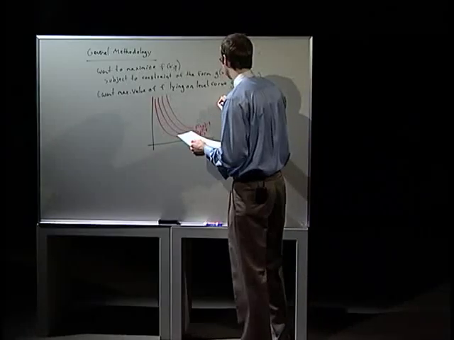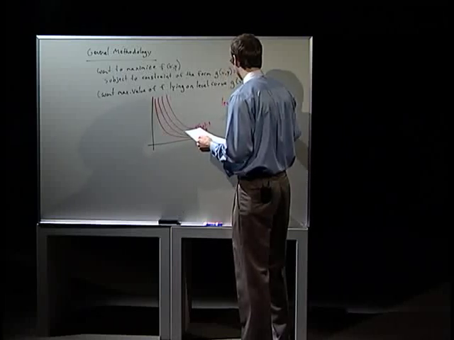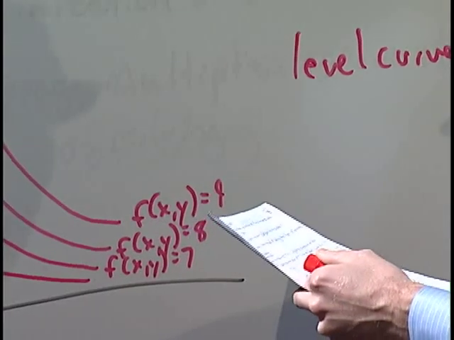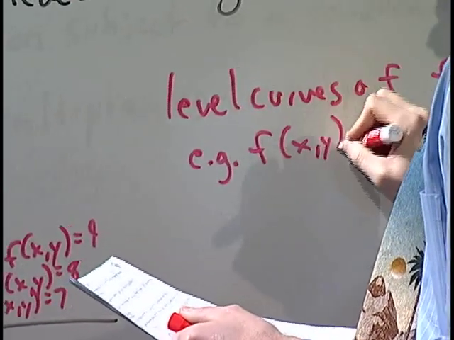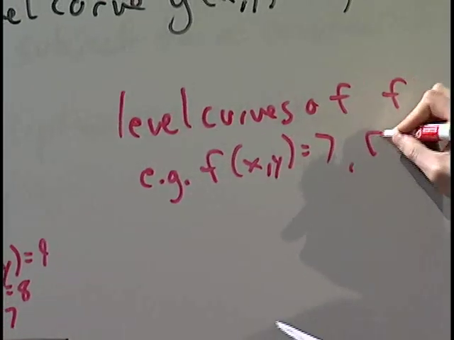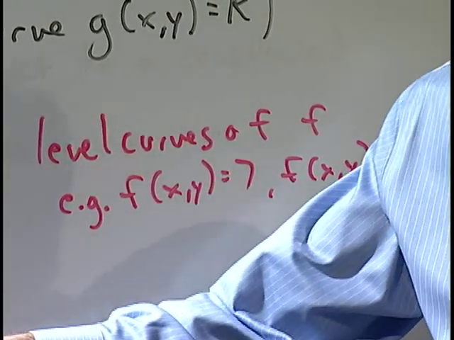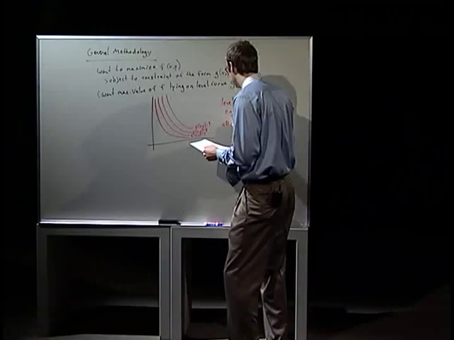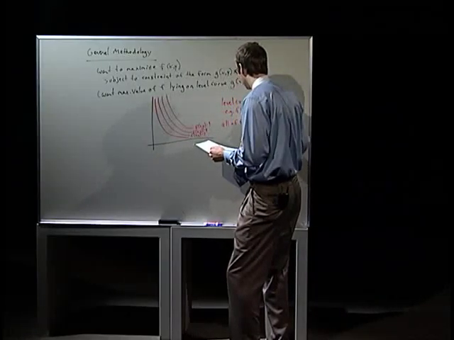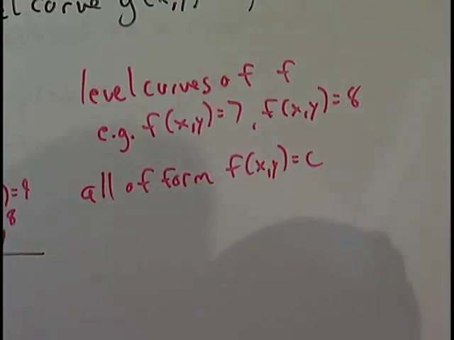So here the pink are level curves of f, e.g. f of x, y equals 7, f of x, y equals 8, f of x, y equals 6 maybe down there, but they're a bunch of level curves, right? And so they're all of the form f of x, y equals c, okay?